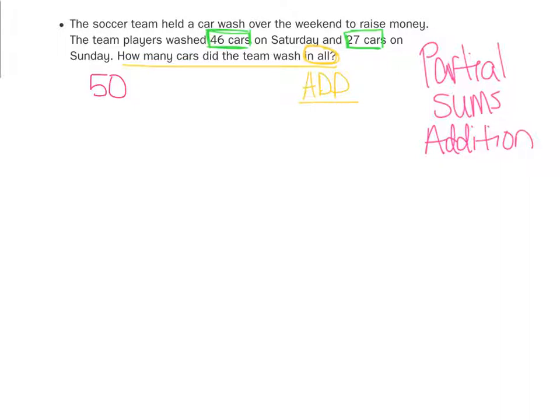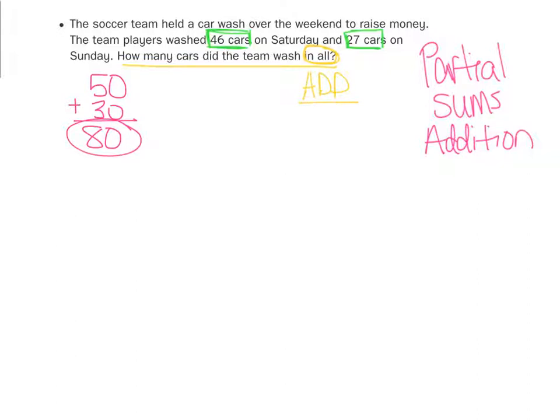And on Sunday, they washed 27 cars. That's close to 30 if I round to the nearest 10. Okay, so I have approximately 80 as my answer. I think that they washed about 80 cars. Now remember, that is my estimate, and I'm going to use that here in just a minute.